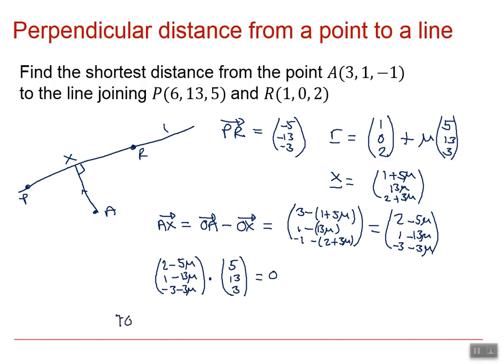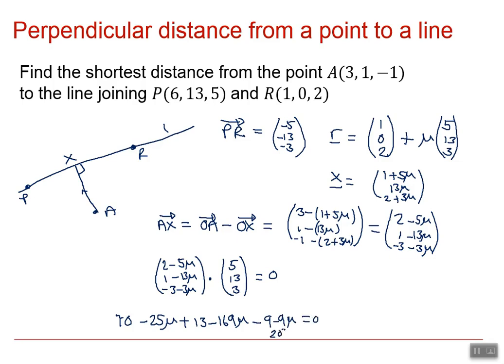So we have 10 - 25mu + 13 - 169mu - 9 - 9mu = 0.